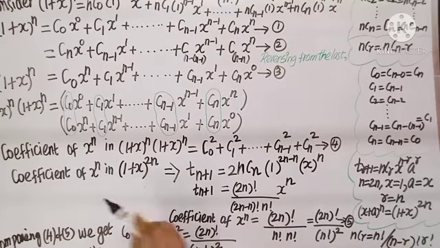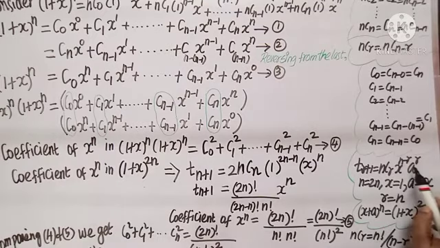But my question is x^n. If I substitute, I will get a^r, that is x^r. But I want x^n. So in the place of r, let us put n.